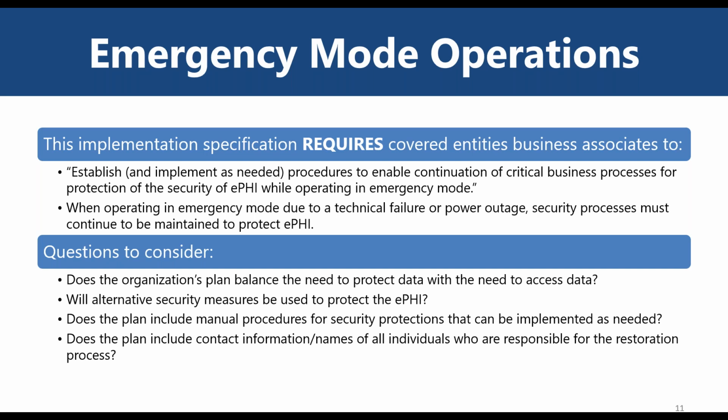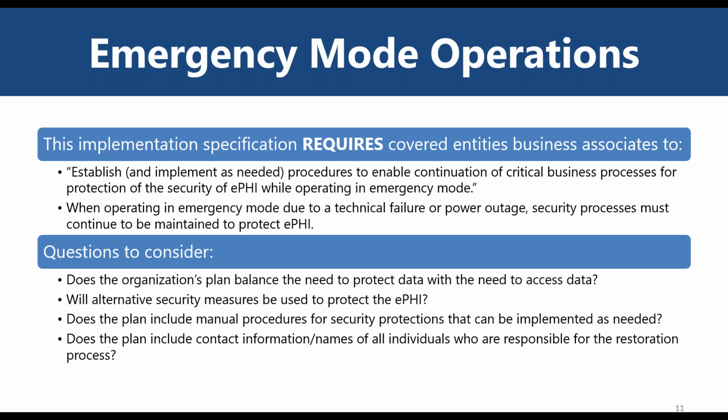Any sort of emergency that requires you to operate in that emergency mode is what this plan considers. Right. So, do you have that plan to protect your data with the need to access the data? That's important. Or can alternative security measures be used to protect EPHI in the event of an emergency? These type of considerations are critical to have as part of your emergency mode operations plan.